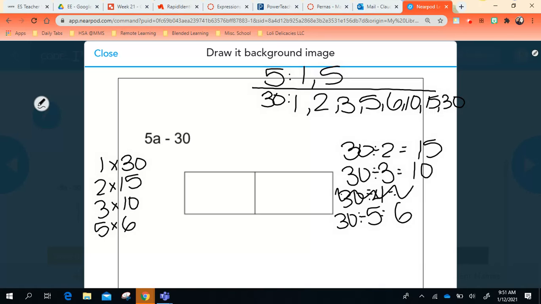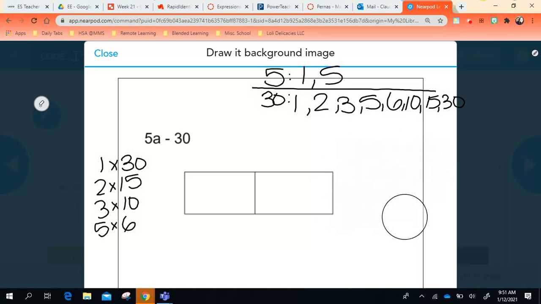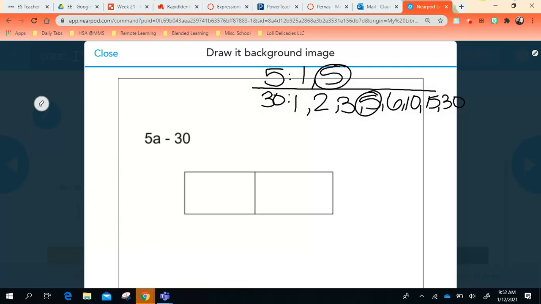Remember, you want to put them in kind of an order. Now, when I look at my factors, what would be my greatest common factor? It would be 5. So where does that 5 go around my box? Does it go inside? Where is it? Outside left. Good.